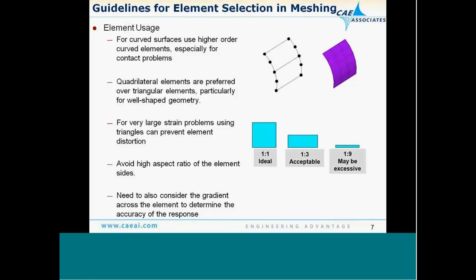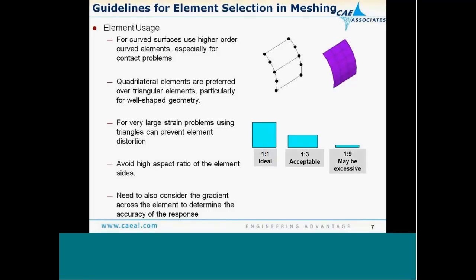So in general, we can use less elements in the higher order elements than we use for lower order elements. Now, sometimes we prefer to use lower order elements because in terms of stress evaluation, which occurs at the integration points, we have the same number of evaluation points in general with the lower order elements versus the higher order elements. So if that's the important criterion, then maybe I'm going to stay with the lower order elements.